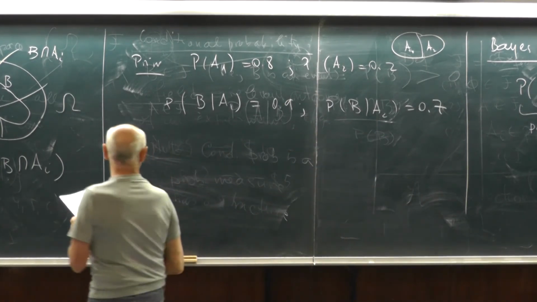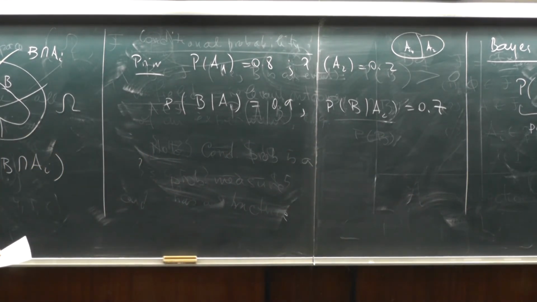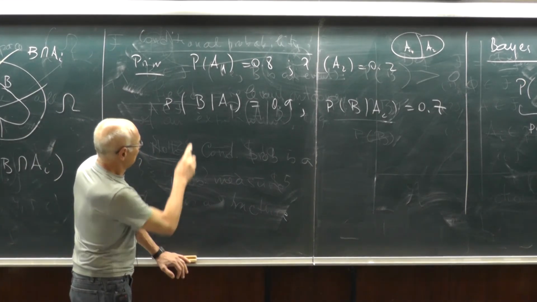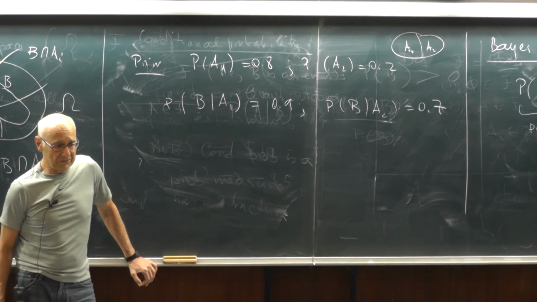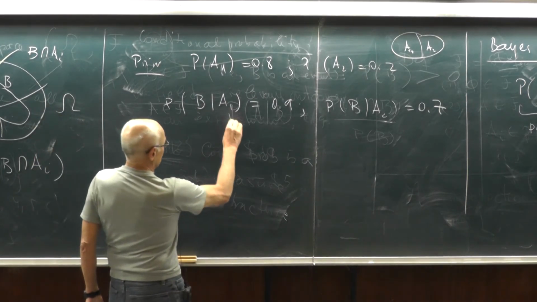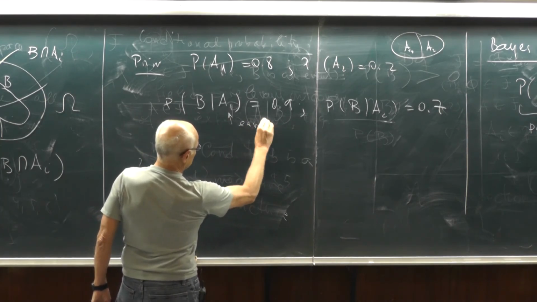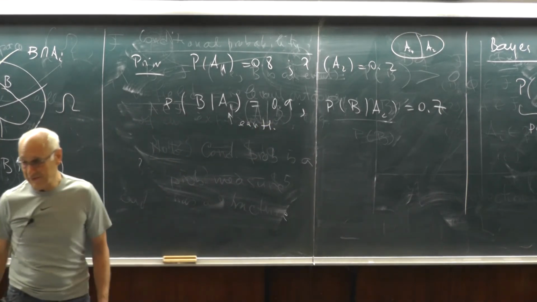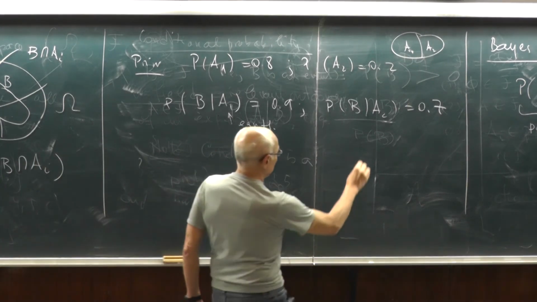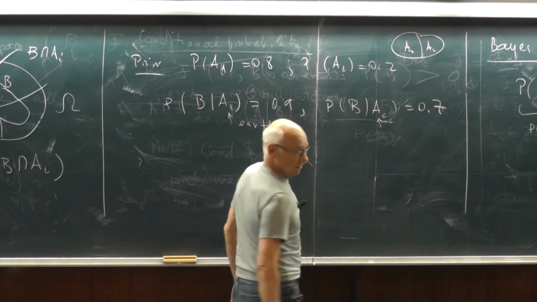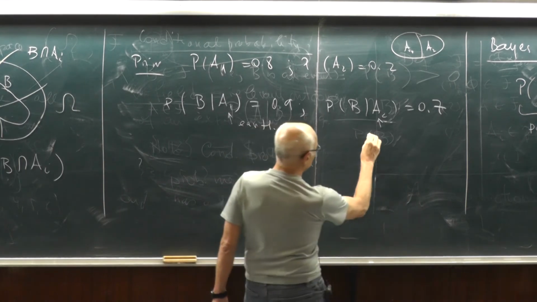Okay. All right. So we can think, for example, that B is the reliability of the system under earthquakes, if A1 is the event of earthquake, and the reliability of the same system under extreme wind.